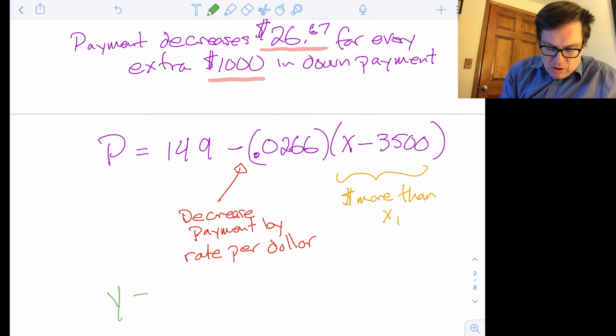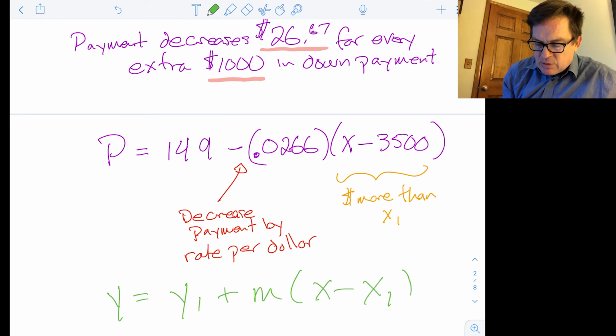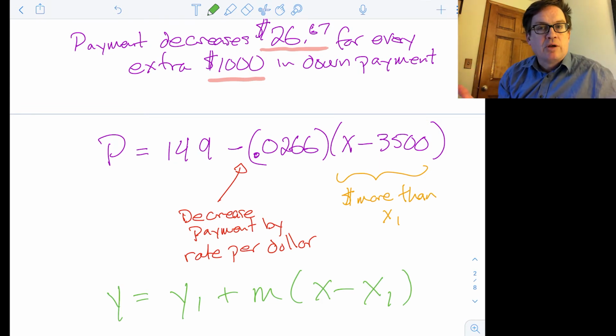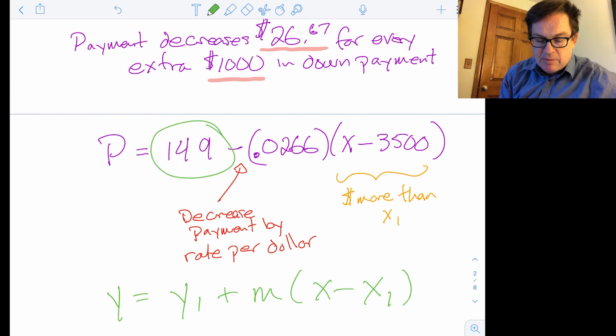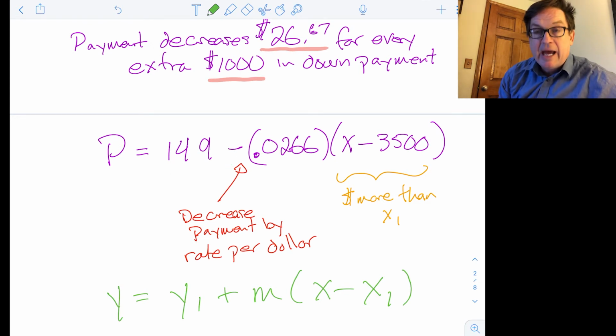This is in the form y equals y1 plus m times (x minus x1), when we have a slope of m and some starting point for our line at the point (x1, y1). So if we use the point 3,500 down payment and 149 monthly payment as our key point, then if we move to a value of x, x minus 3,500 is how far we've moved away from that starting point.